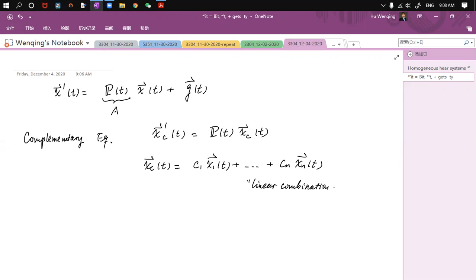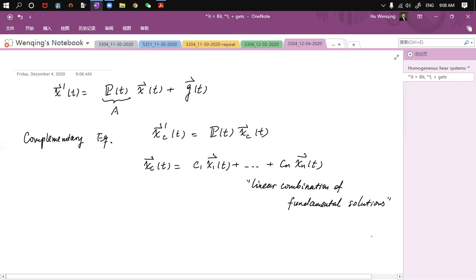A linear combination of fundamental solutions. Right, so this kind of thing is exactly parallel to the higher order equations, but everything is in matrix form. In particular, last lecture we were talking about the matrix Psi of t, where you put all these fundamental solutions as column vectors in a row, and you get a square matrix.